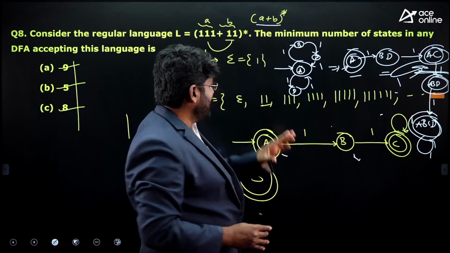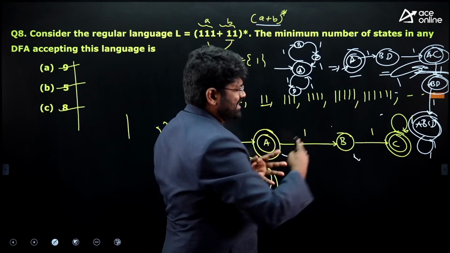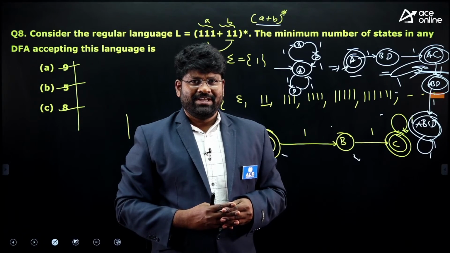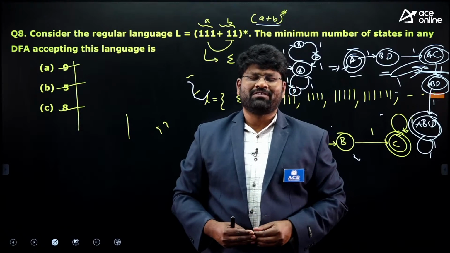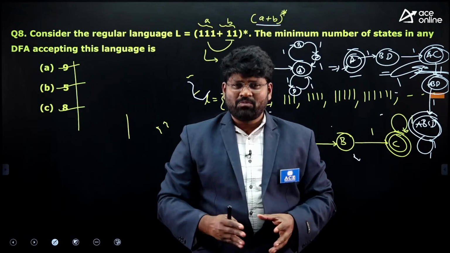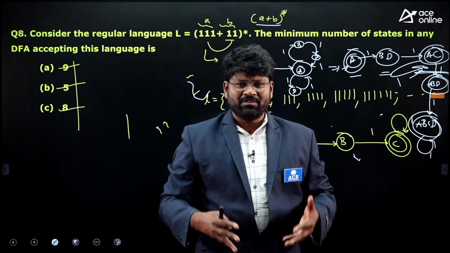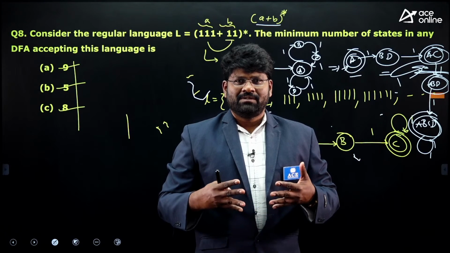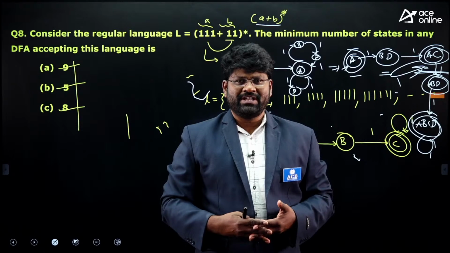So when you analyze this expression, you can directly get these diagrams. If you have not done this job, this is the traditional approach you have to follow. This model is very important from the exam perspective. You have to determine the minimum state DFA, many important questions.